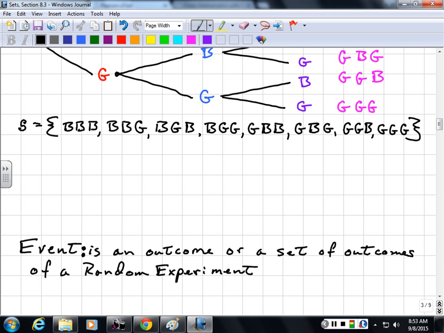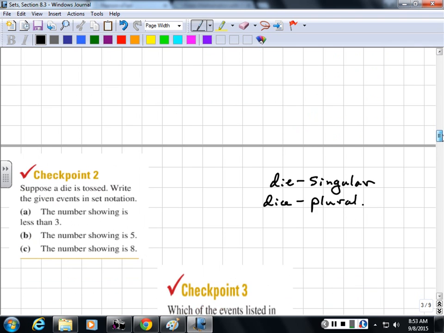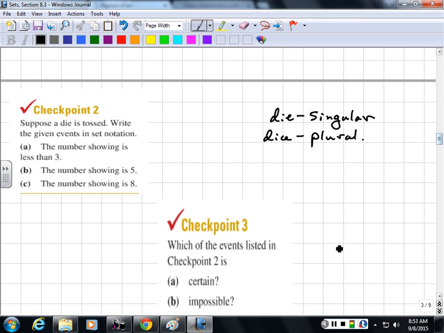What we mean by that is we have a sample space, but sometimes we're only going to consider certain outcomes. And that's what we're going to call our event. And an example of that is going to be checkpoint 2 from the textbook. Let me scroll down to this. And we're going to talk about this one.